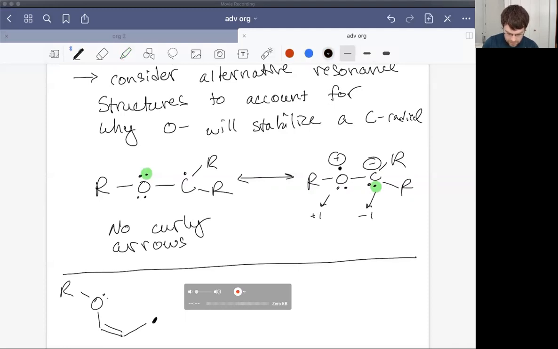Well, then maybe it makes sense because this double bond is in conjugation with the lone pairs, and we could consider a resonance structure where we put the lone pair next to the free radical. But then once again, we have carbon atoms with lone pairs and free radicals. And so what I need to do is just consider, there's a negative charge over here.